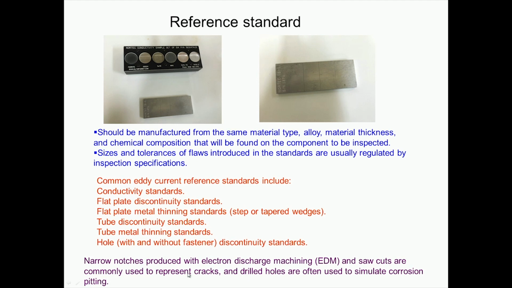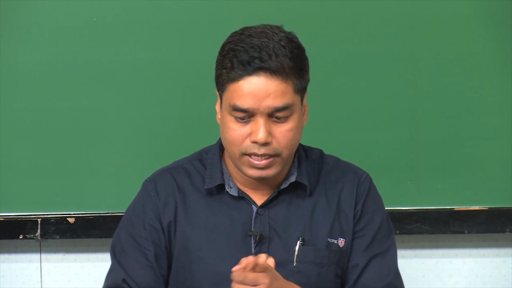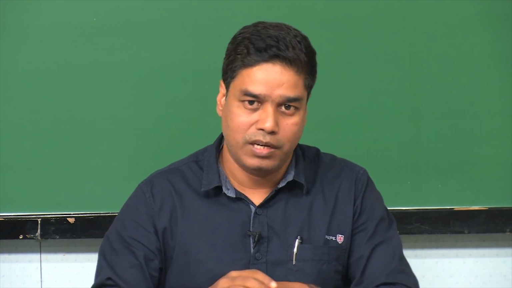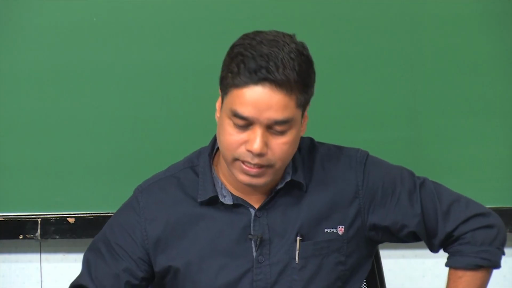So, these are different types of standards which are used depending on the actual use of the system and what kind of defect you are going to inspect. Based upon that, one of these reference standards should be selected and you should calibrate the instrument before you use it. So, the point to take home here is you must calibrate the instrument before you use it, so that you do not end up with erroneous results.